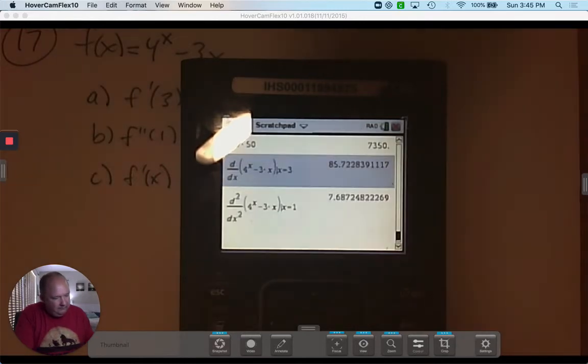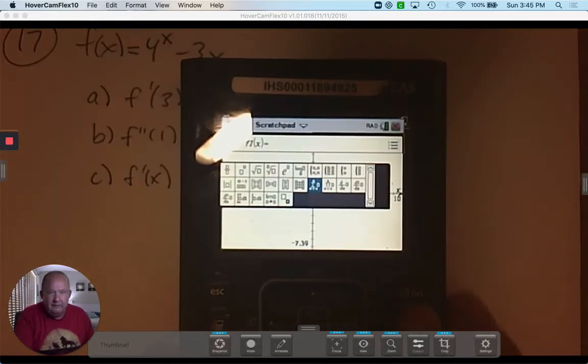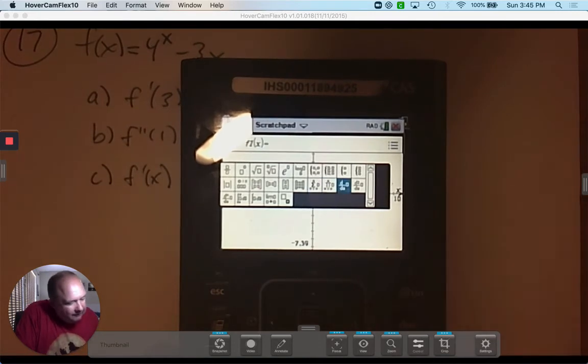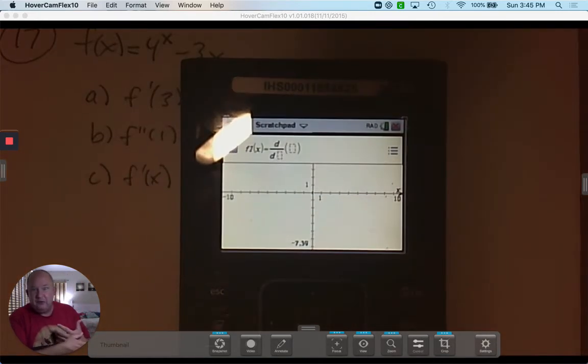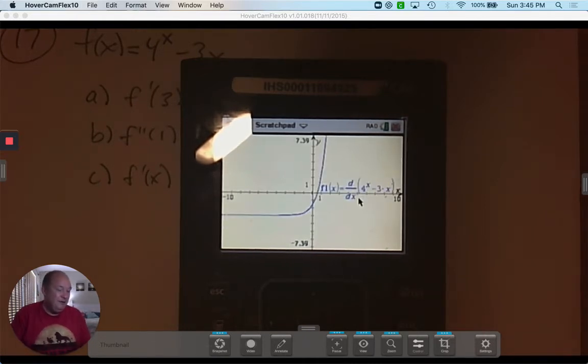Undo that. Silliness. So let's go back here again. So again, the button to the right of 9, my eyes are failing me. It's that button. There's the derivative button. The variable is x. It's 4 to the exponent x. Move the cursor. Subtract 3x, press Enter, and then see what this graph looks like. So we're going to sketch that.